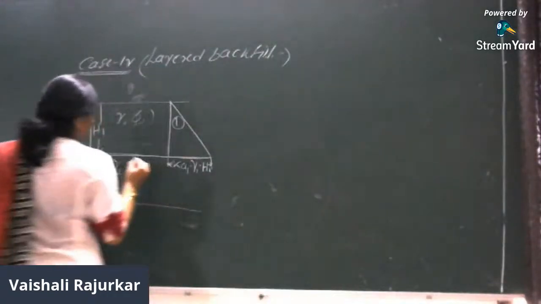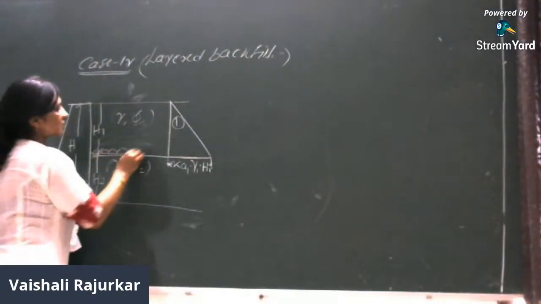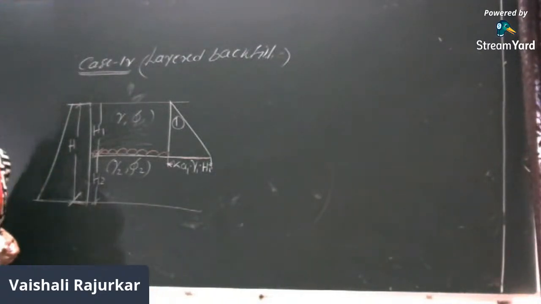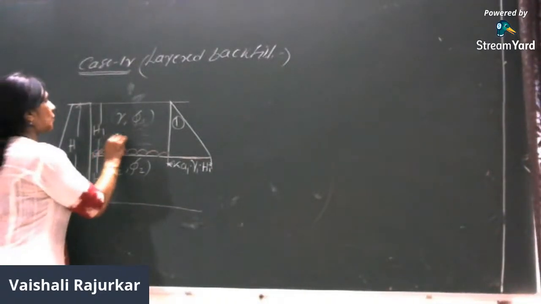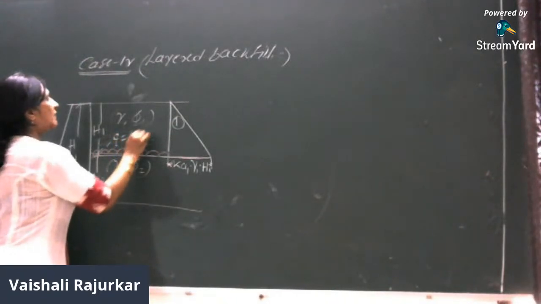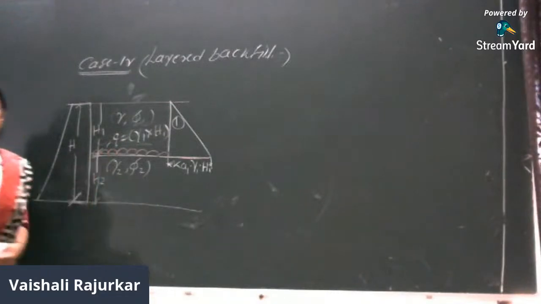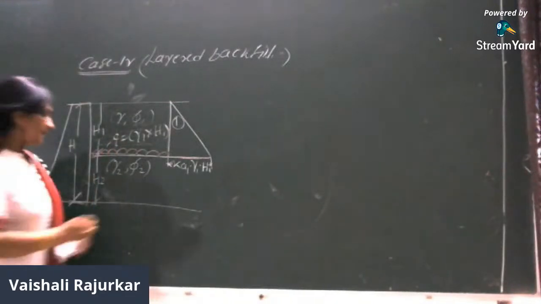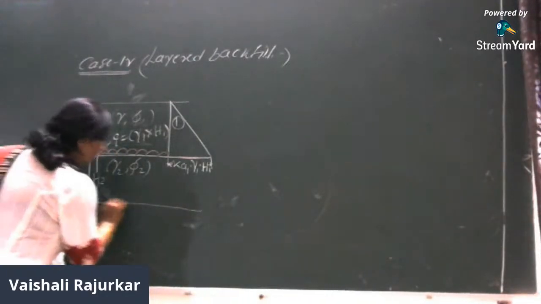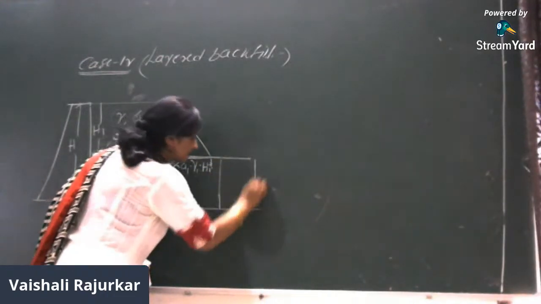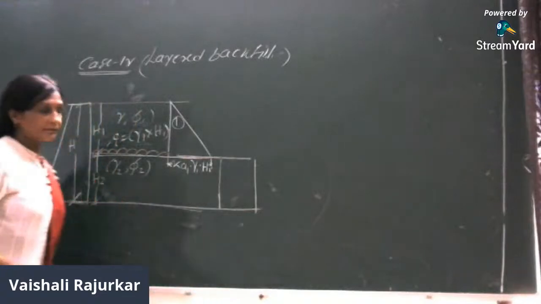So in this case, I am showing this surcharge over here. What is the intensity of this surcharge? The intensity is Q equal to gamma 1 into H1. So here we just have to consider that Q, and this Q will be uniformly acting throughout the volume, therefore the pressure distribution diagram is rectangular.